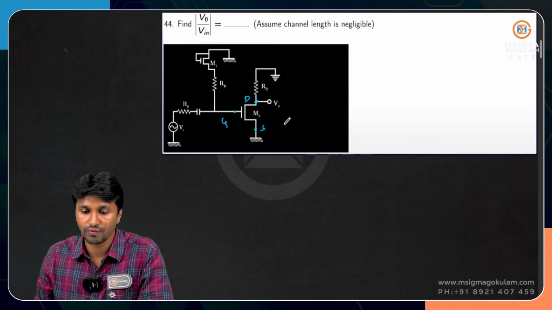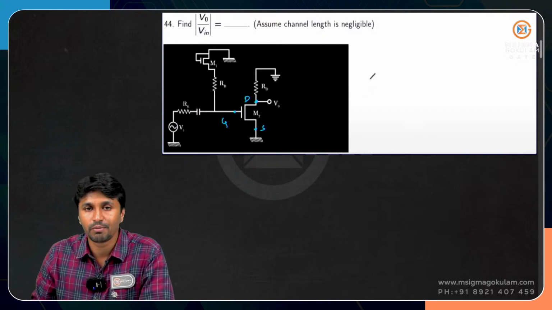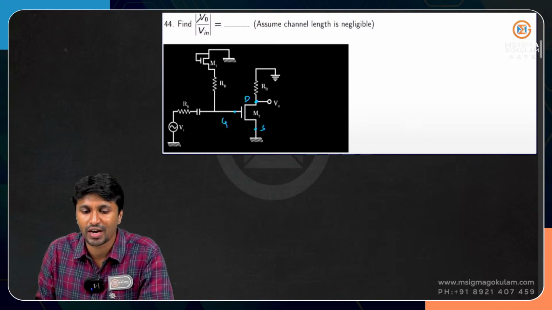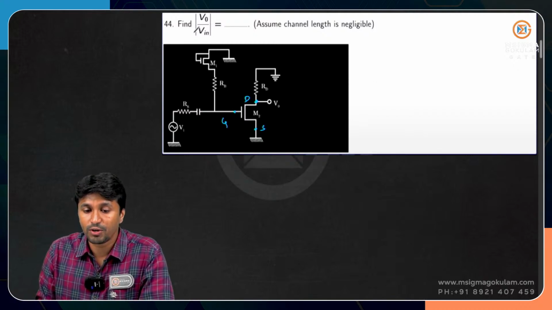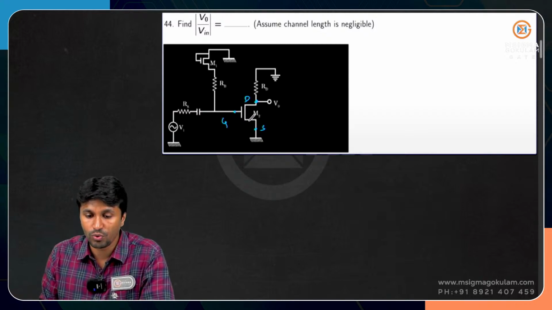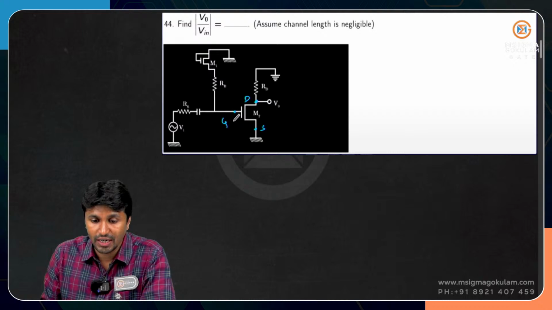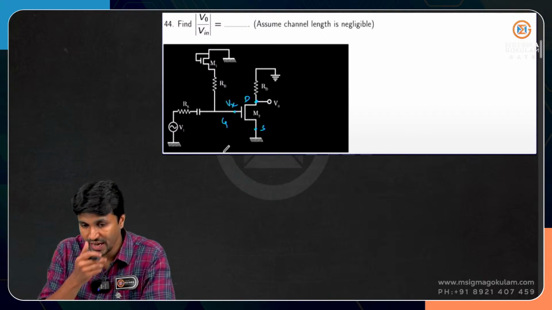In common source configuration there will be a 180-degree phase shift, but we need not bother about the phase shift, because you are asked to calculate the magnitude of the voltage gain. So what I will do is, I will take this point as Vx.